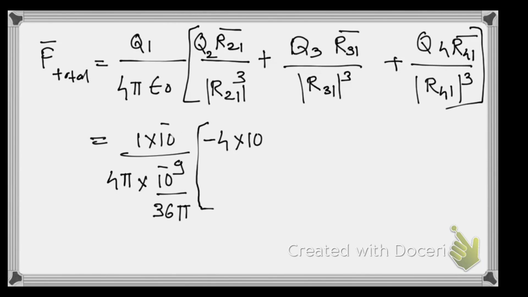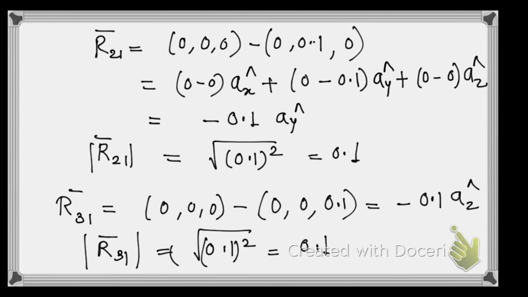Sorry, Q1 was also 1 microcoulomb, so it should be minus 6 here divided by magnitude of R21. So magnitude of R21 was 0.1, and we have to square this. The unit vector of R21: what was the vector R21?